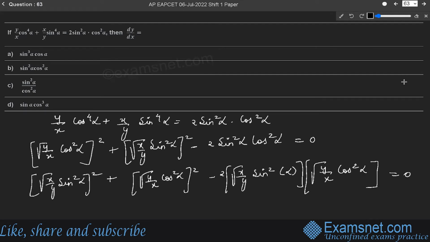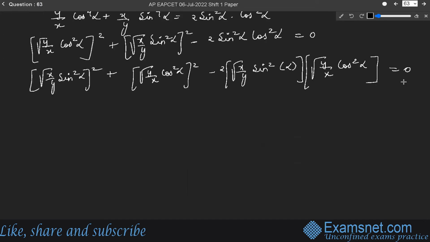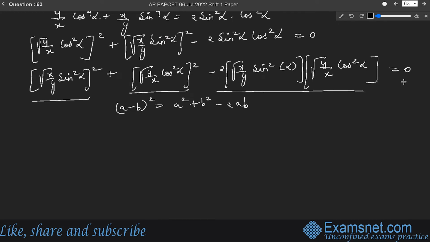It can be written this way because when we multiply it, it will be −2 sin²α cos²α. Now we know there is an identity: (a − b)² = a² + b² − 2ab. So this is a², this is b², and this is −2ab.